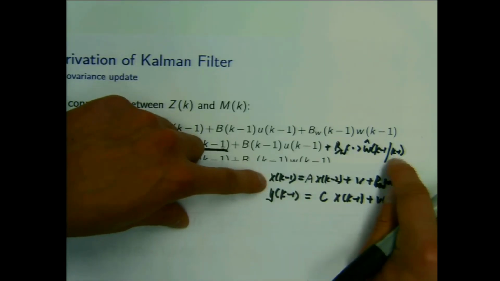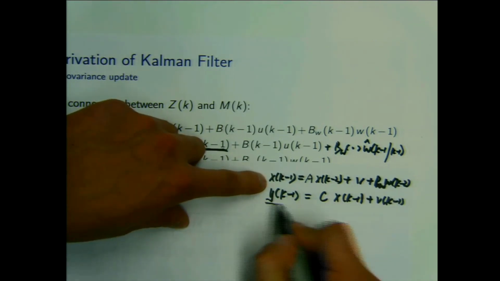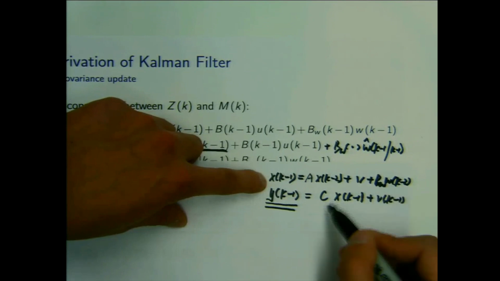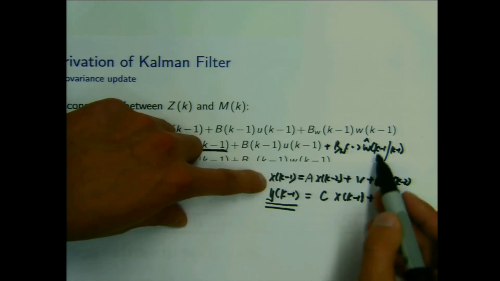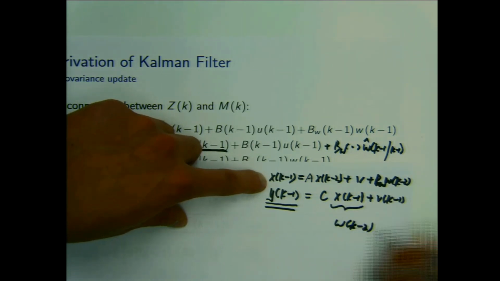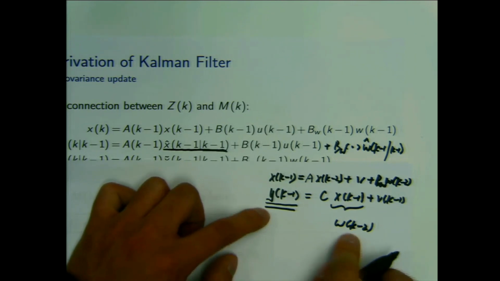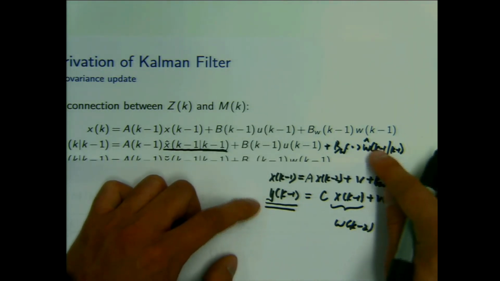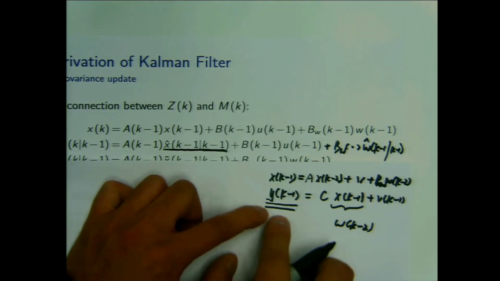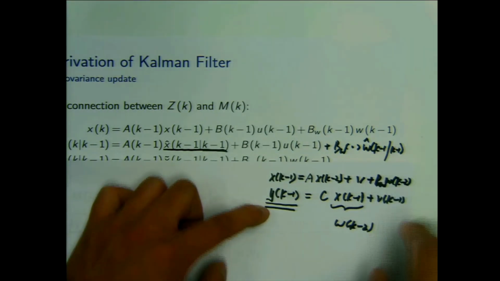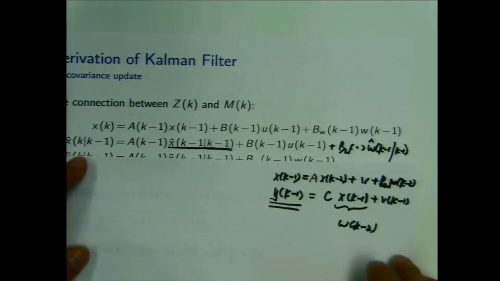So then, in a sense, if I only know y k minus 1, then I won't be able to write out any information with respect to w k minus 1, because this only tells us about w k minus 2. So that's why we won't be able to provide a good estimate of w given only y k minus 1. The best we can do is take the mean, which is 0. So that's why there's no additional term here.